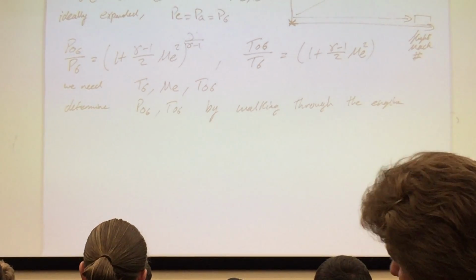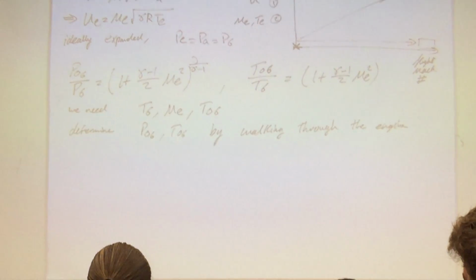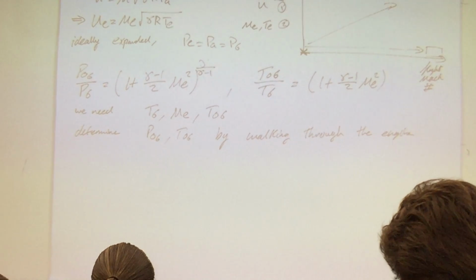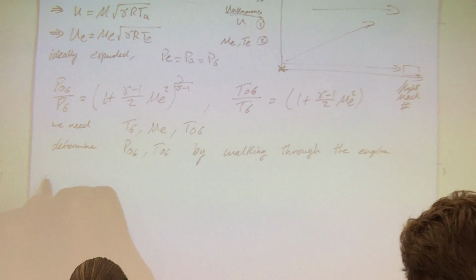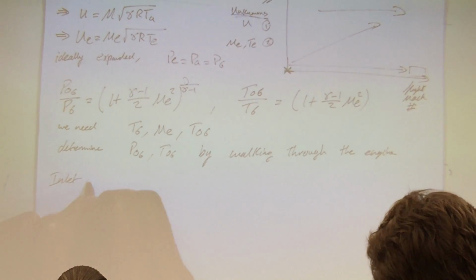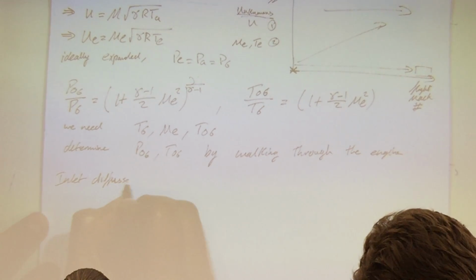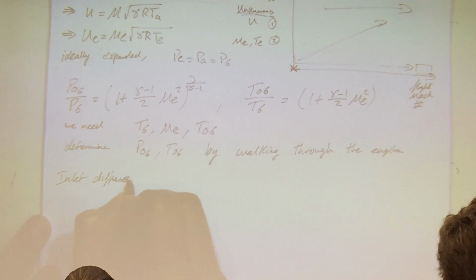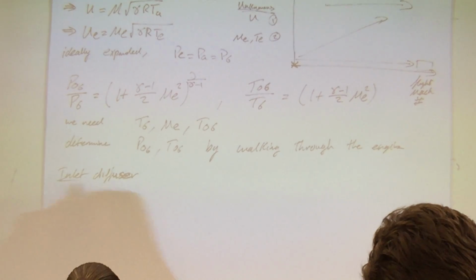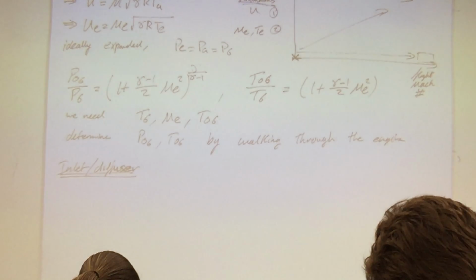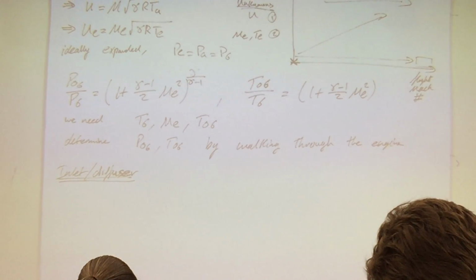Anyway, we need to walk through the engine. So let's dissect each component of the engine and walk through our equations before we do an example problem. All right, the first thing is inlet and diffuser. That's the same procedure that we want to do for all the different propulsion systems.